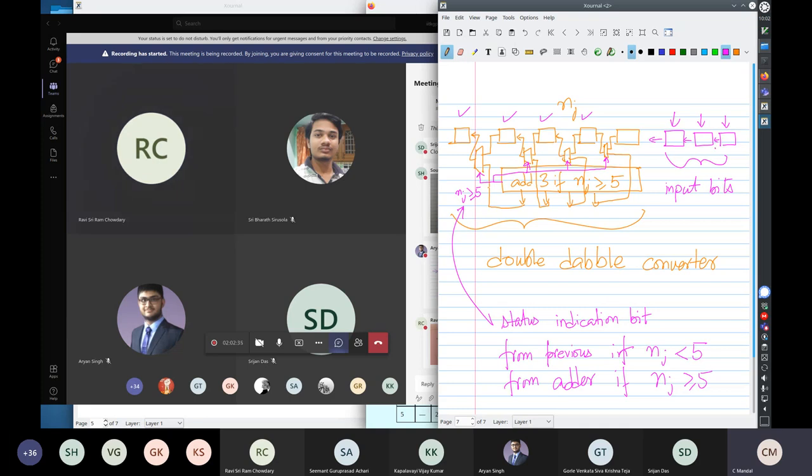So here also you have serial. At the very beginning you load it in parallel, and then beyond that you just do shifting. So parallel loading at the beginning.